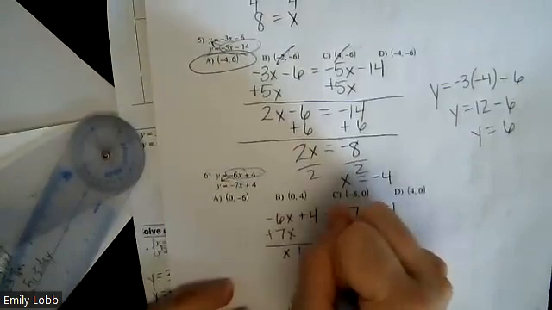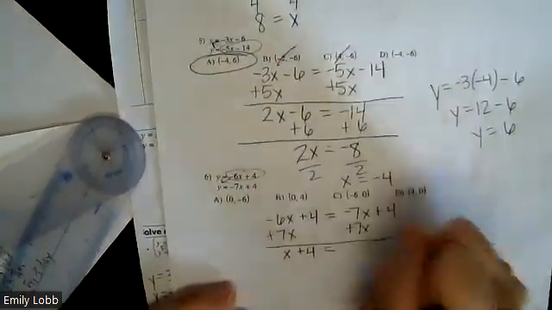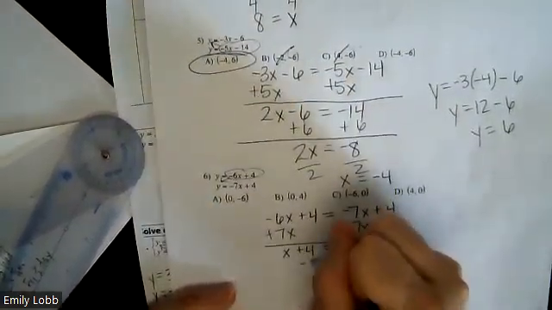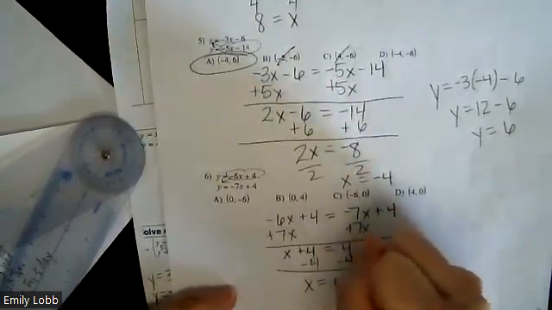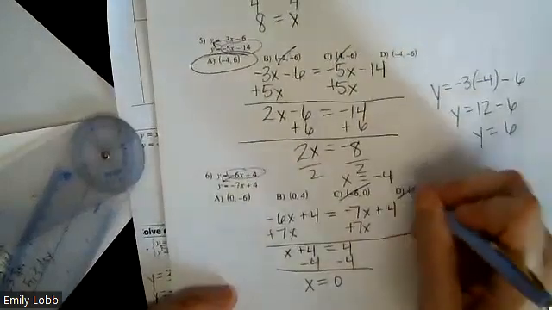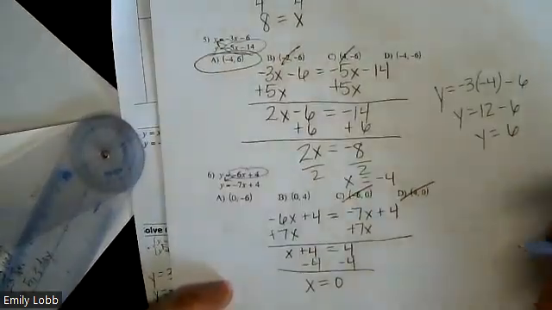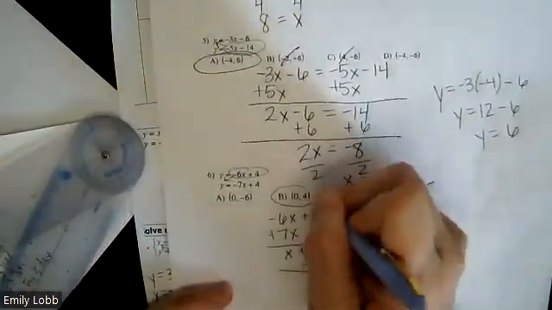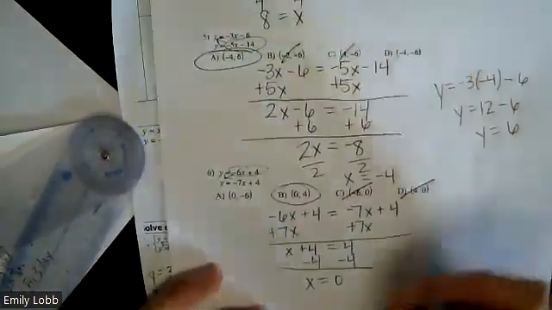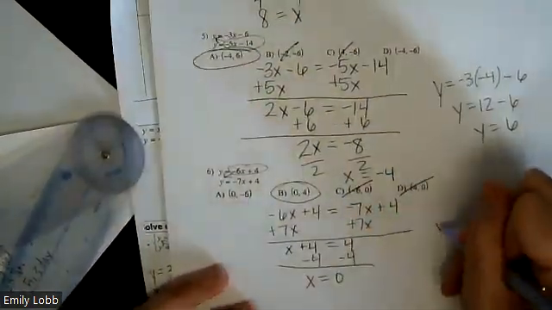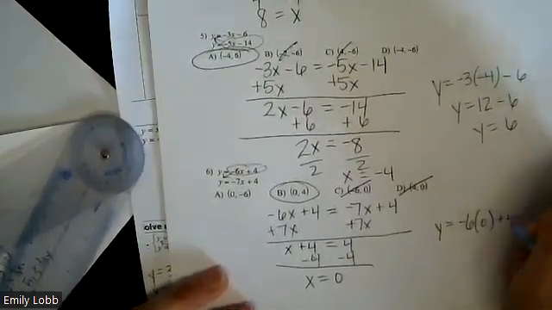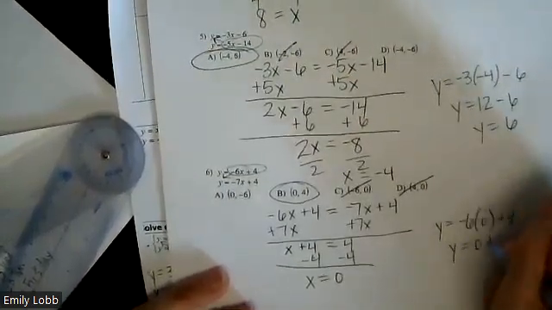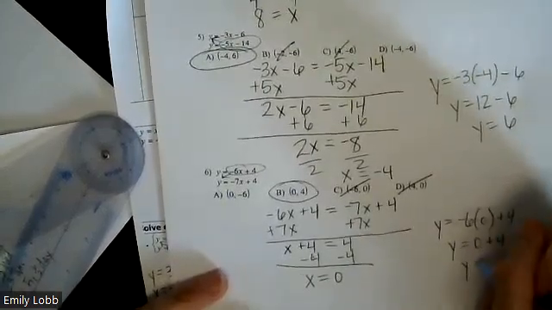Here I have x plus 4 is equal to 4. Uh-oh, x is going to be 0 here. So it can't be C or D. So it looks like it should be 4, which is my y-intercept, the value when x equals 0. If you wanted to put it in to prove it, you could say negative 6 times 0 plus 4, or y equals 0 plus 4, which is 4.